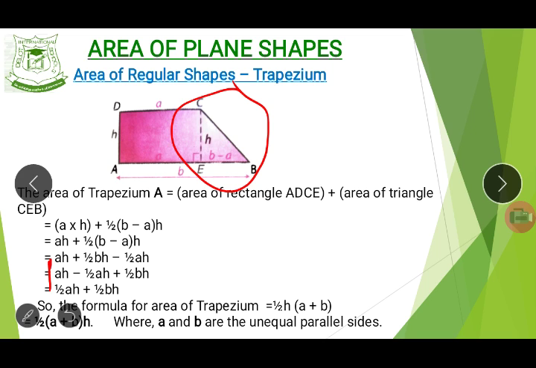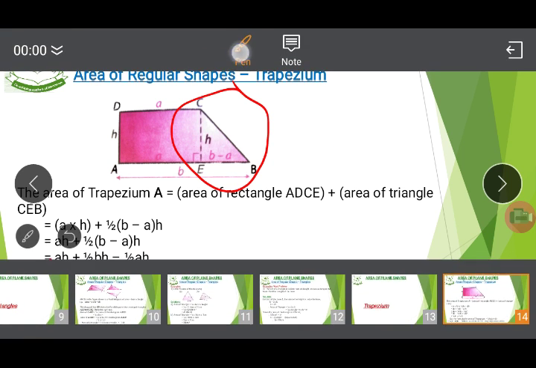So when you collect the like terms, half will come outside, h will come outside, because half is common for the two of them, and h is common for the two of them, so we have half and h outside, into bracket a plus b. So we can say our formula for the area of a trapezium will be half into bracket a plus b times h. Let me remove the pen so you can see it clearly.